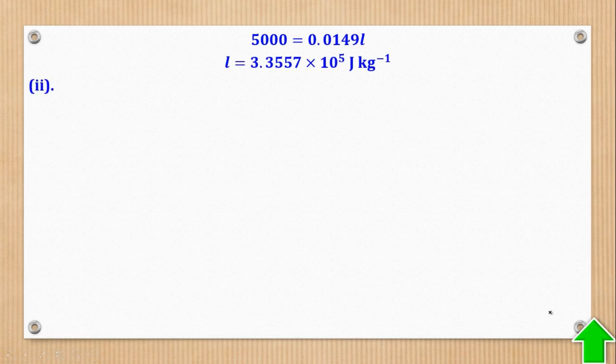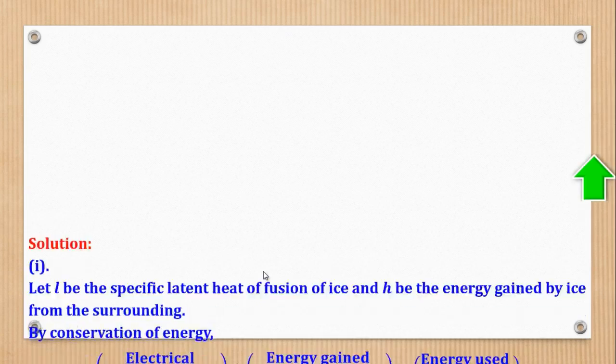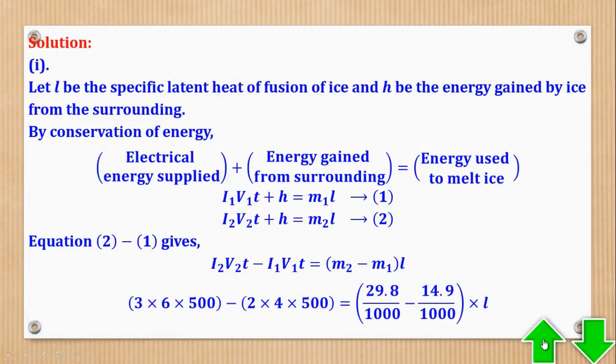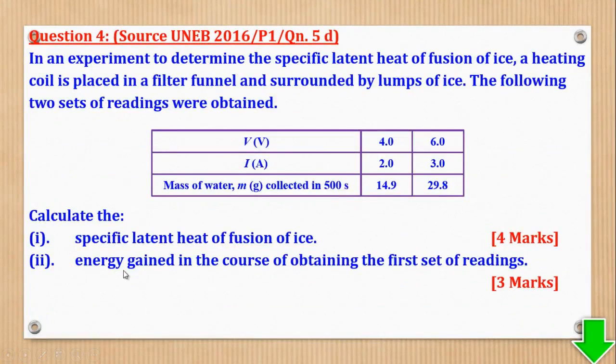Then for Roman 2, they want the energy gained in the course of obtaining the first set of readings.